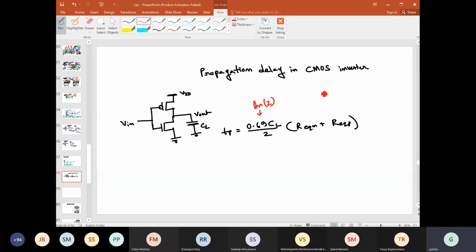So today we will see in more detail how to estimate the CL, or what the CL consists of. But before that, there is a small topic pending from yesterday's class, the energy dissipation in the first order RC network.